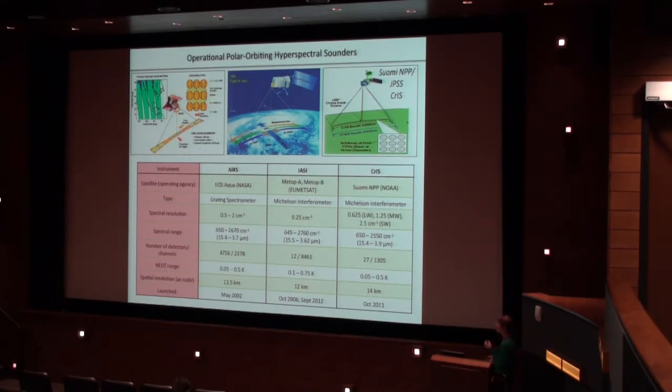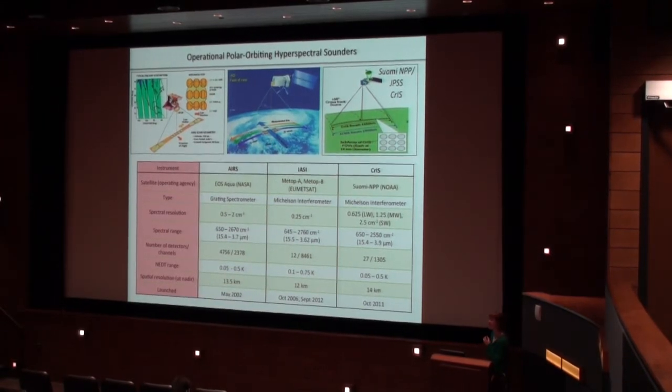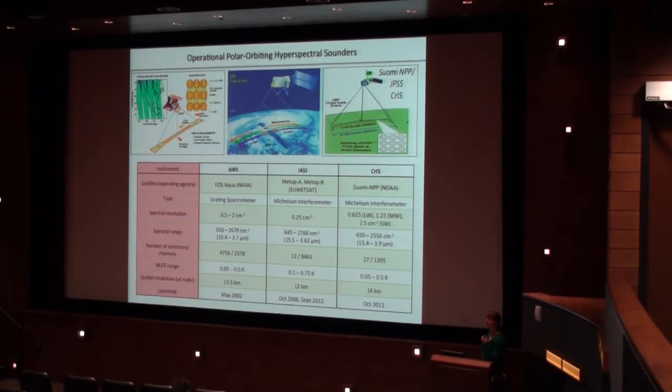The radiance is measured in the spectral range from 3.6 to 15.5 microns using several thousand channels. We will see later that this high spectral resolution translates to high vertical resolution temperature and water vapor profiles, and also allows accurate retrievals of cloud parameters and surface parameters.